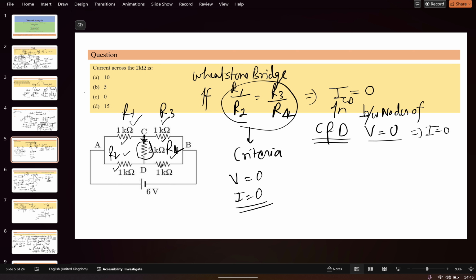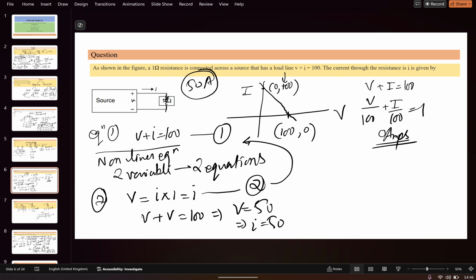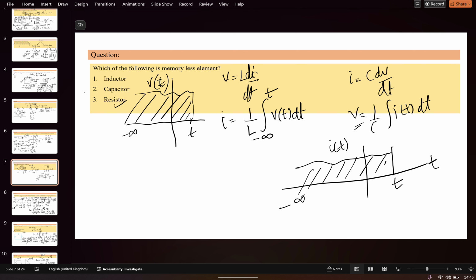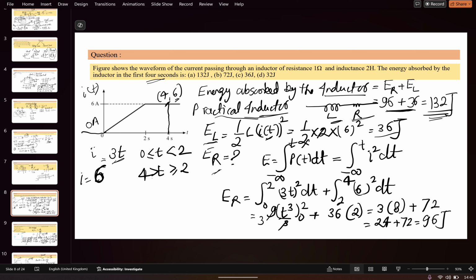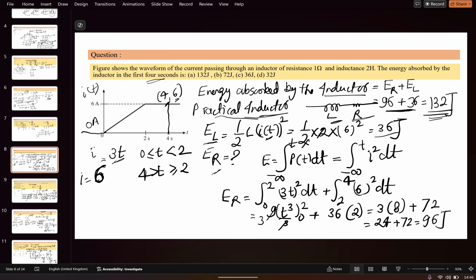And the fourth question was related to the Wheatstone bridge. The fifth was related to the load line and the non-linear behavior of the circuit. And this was the memory element. Another question was related to the value of energy stored across the inductor, capacitor, resistor, and how to find it if a combination of both is given.